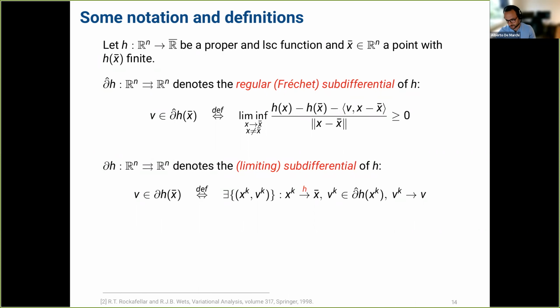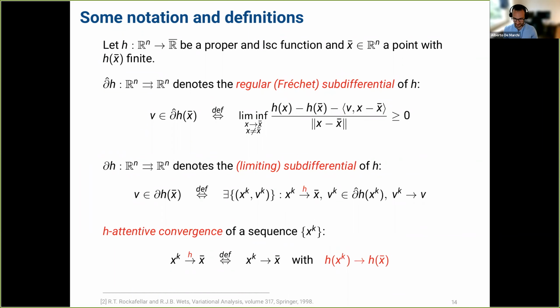That goes back to Rockafellar's definition of attentive convergence, meaning that not only does the sequence x_k go to x bar, but also the values of h at x_k go to h at x bar. This is important in our setting because our g function is not smooth and can also be discontinuous. So we have to remember this attentive convergence so that our results don't fall apart.